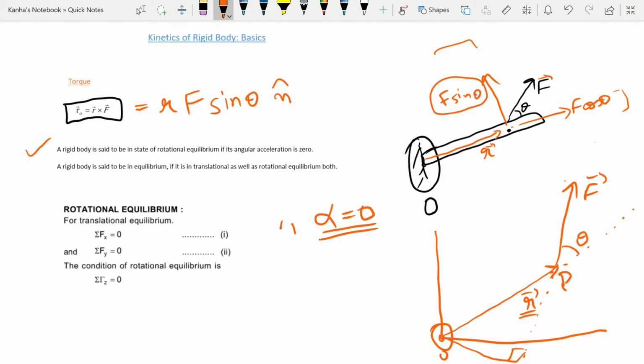This is the first point. And the rigid body as a whole is said to be in equilibrium if it is translationally as well as rotationally in equilibrium. So separately, both of the conditions should be valid. The condition for translation is given to you here, and the condition for rotation as well.